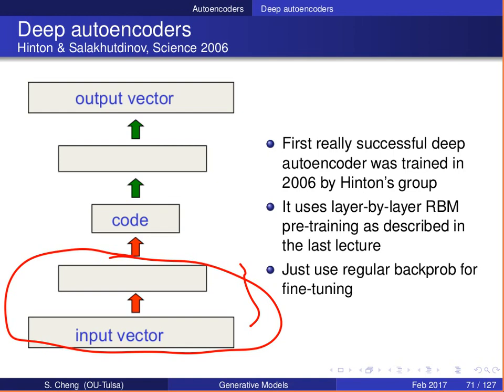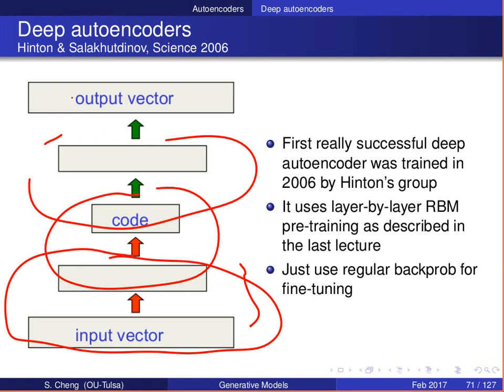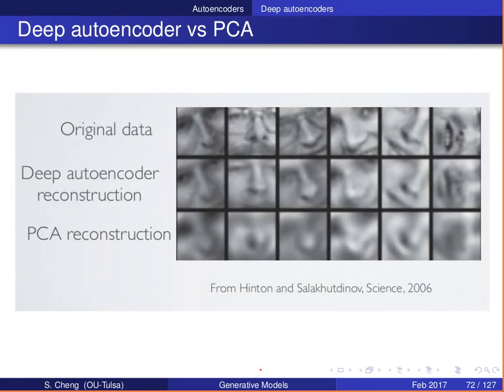They pre-train this layer by layer, put the weights there, and afterward they just do regular backprop to fine-tune all the weights. That's how they did it.